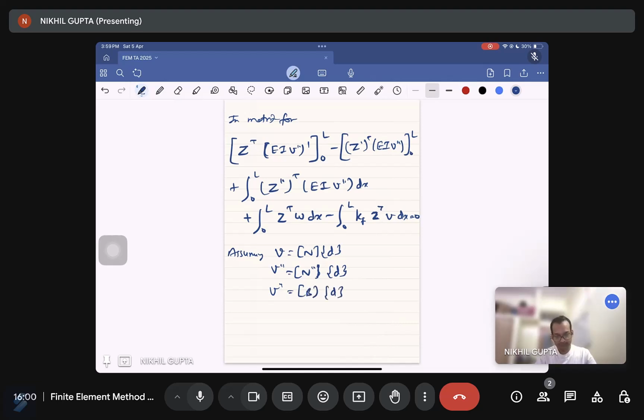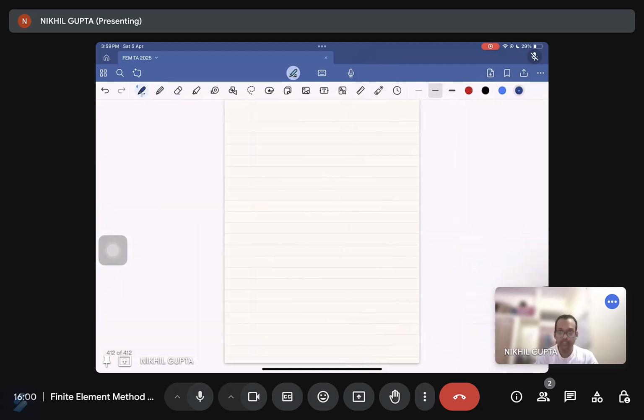So by Galerkin's method, we know z will be equal to N, and then we can substitute each of the terms in the equation.